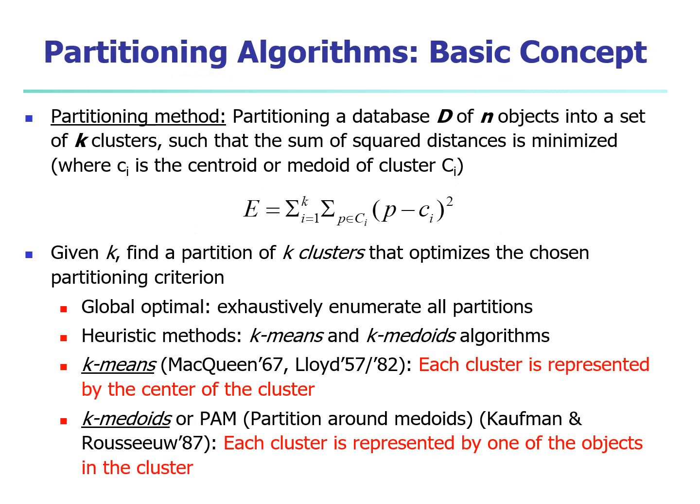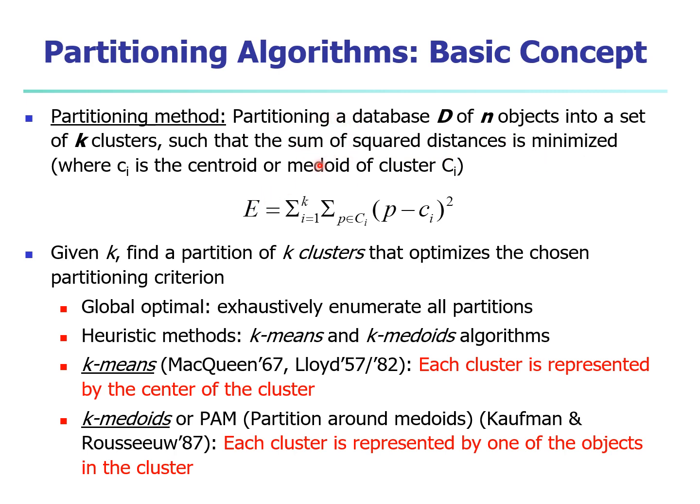Partitioning algorithms. Partitioning methods try to partition a data set D, which contains a number of objects, into K clusters. The aim of this partitioning method is to have the sum of square distances minimized.